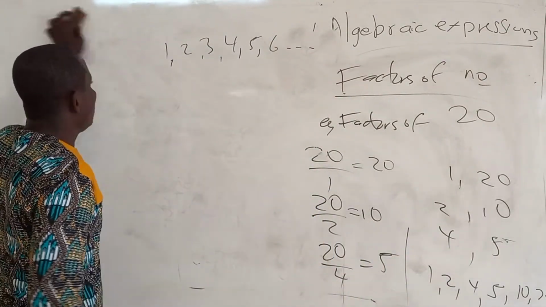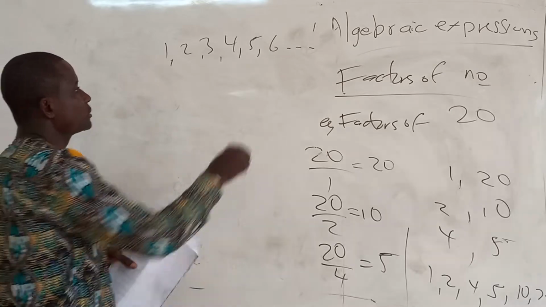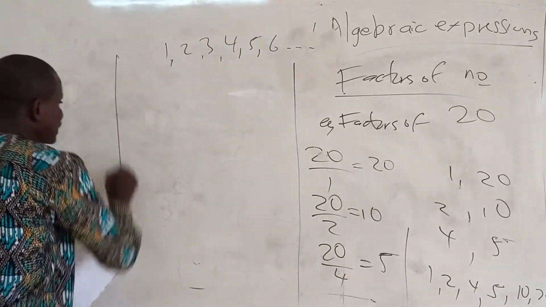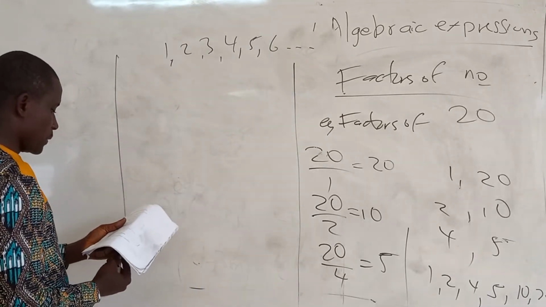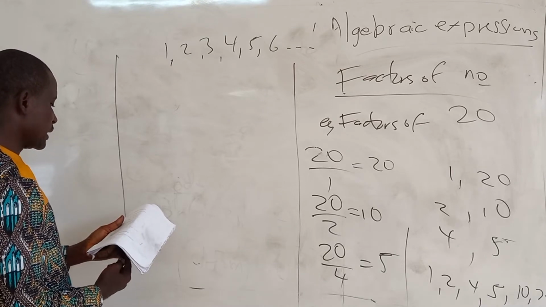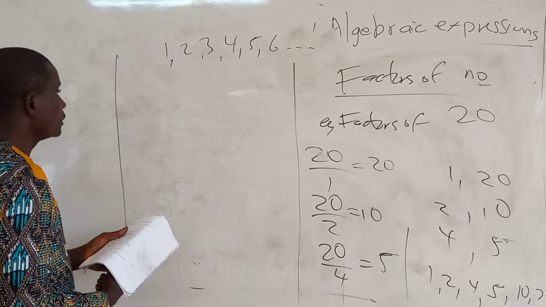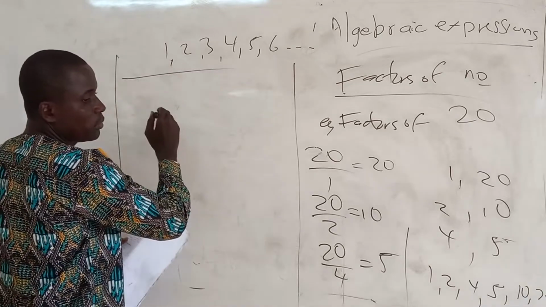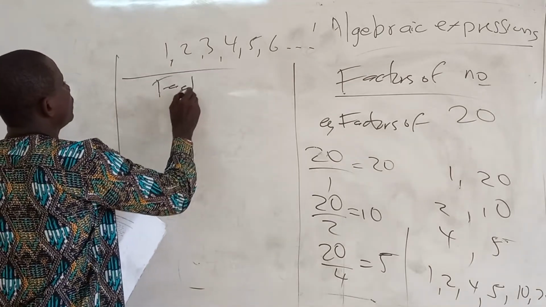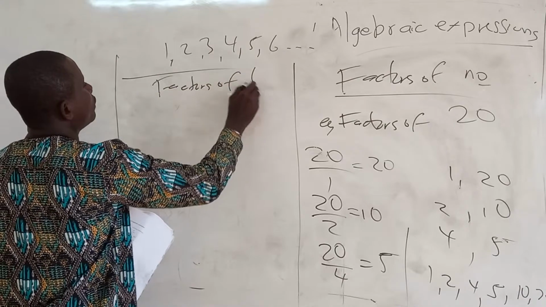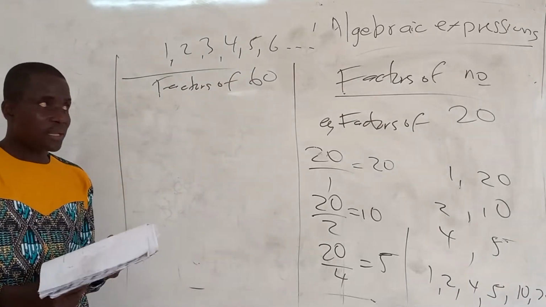Now, let us look at another example of the factors. Let's check the factors of 60. Please pay attention.